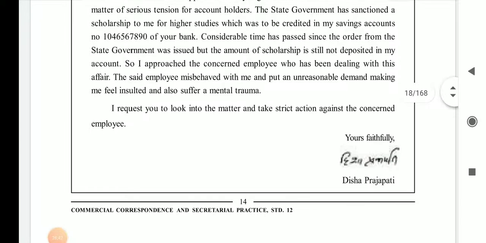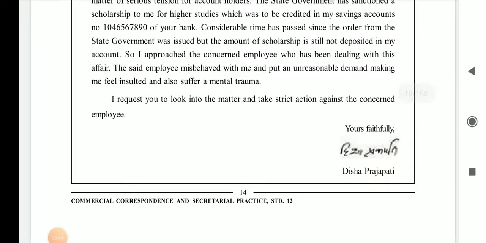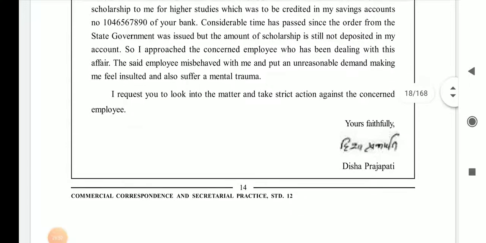Considerable time has passed since the order from the state government was issued, but the amount of scholarship is still not deposited in my account. The lady also told that she got the confirmation from the state government to issue a scholarship, but till this date, the amount is not credited in the lady's account.